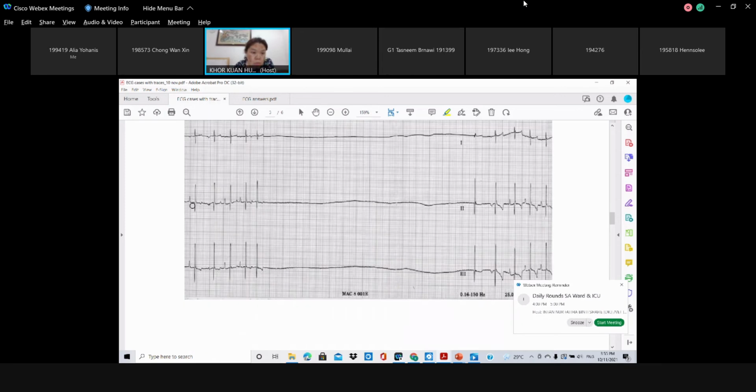Are you able to see PQRST? Who is in group number 9? Who is in group number 9?